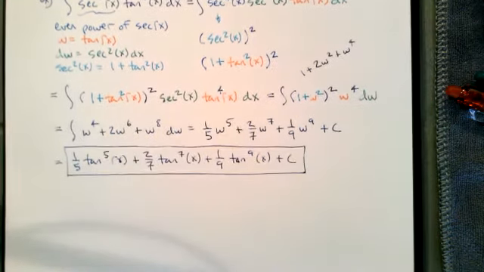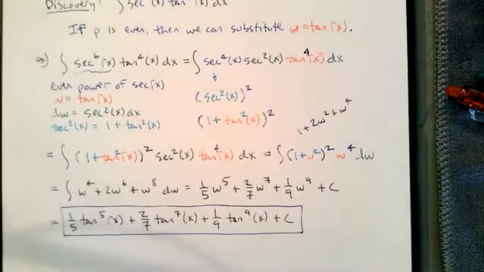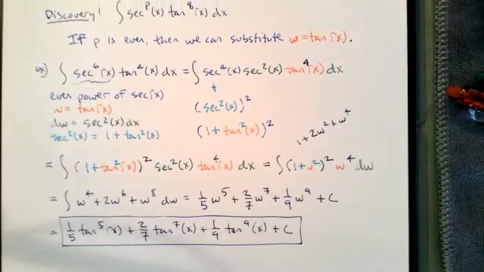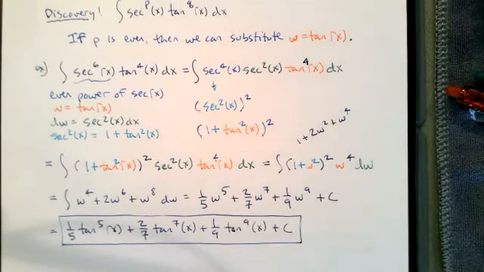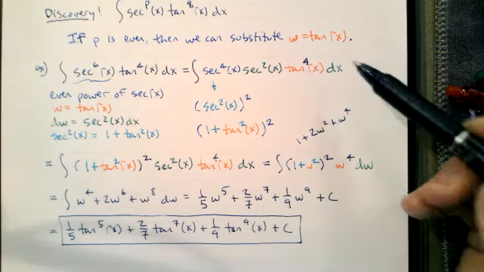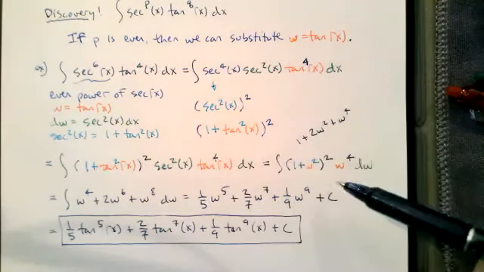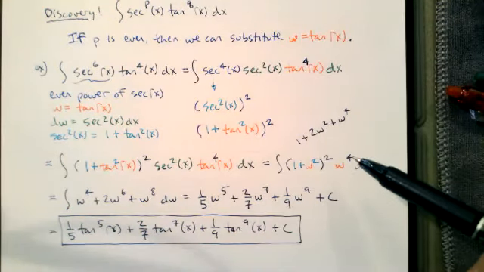So one thing to note here is that the only requirement here is that P is even. It would work if the power of tangent is a fraction. If this was tangent to the 1/2, that would be no problem because that just shows up down in here.